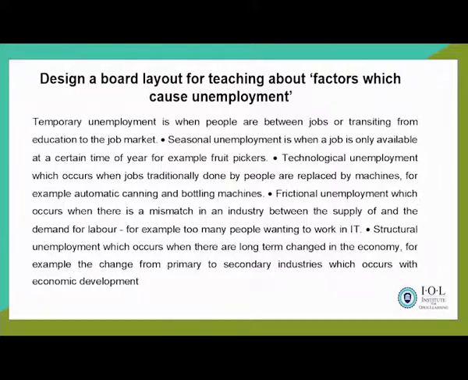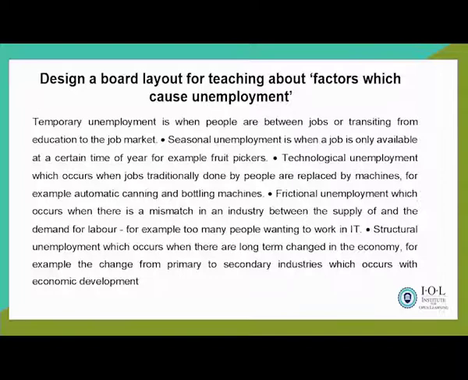And then design a board layout for teaching about factors that are causing unemployment. Okay, what is causing unemployment? In number one, we are having seasonal unemployment. Remember, we only have certain businesses that only operate in season. People that grow grapes, it doesn't grow in all the seasons, but there is a certain season.